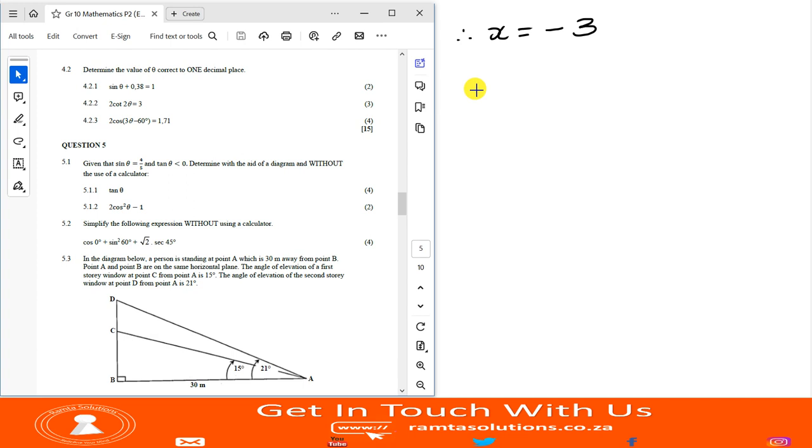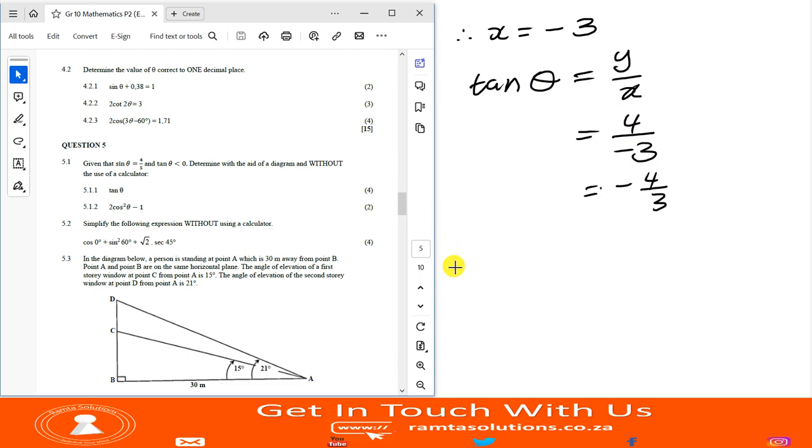Now, remember, we are looking for tan theta. You know tan theta is y over x. What is y? Y was 4. What is x? X is minus 3. You can leave your answer like this, or even if you leave it like this, it's still okay. It's the same thing. So this is your tan theta.